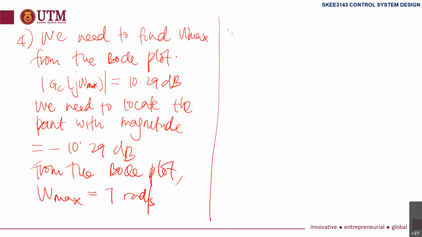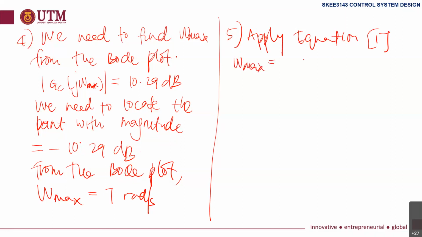Then we can proceed to the next step, in which we apply equation 1. Equation 1 says that omega max is equal to 1 over T square root of beta, equal to 7.